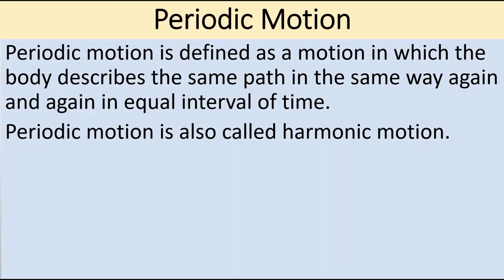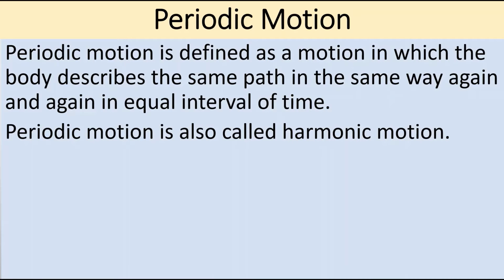So this periodic motion can be broadly classified into two categories. One is the circular periodic motion and another one is the oscillatory or the vibratory motion. If the body moves in a circular path, it is said to describe the circular periodic motion.